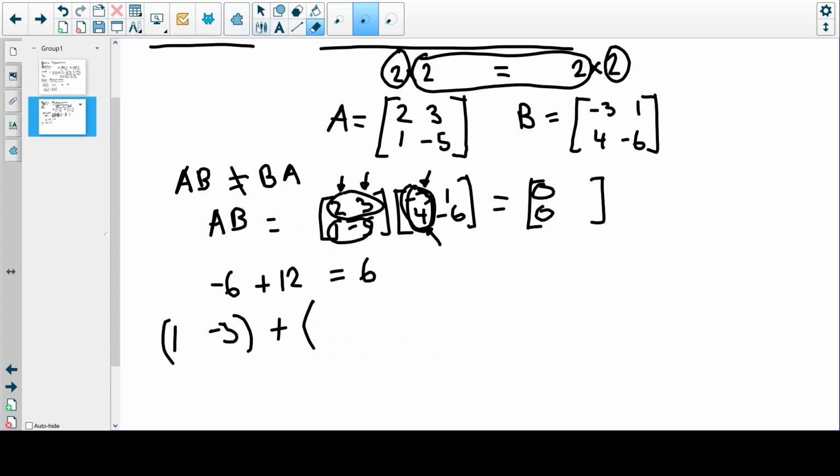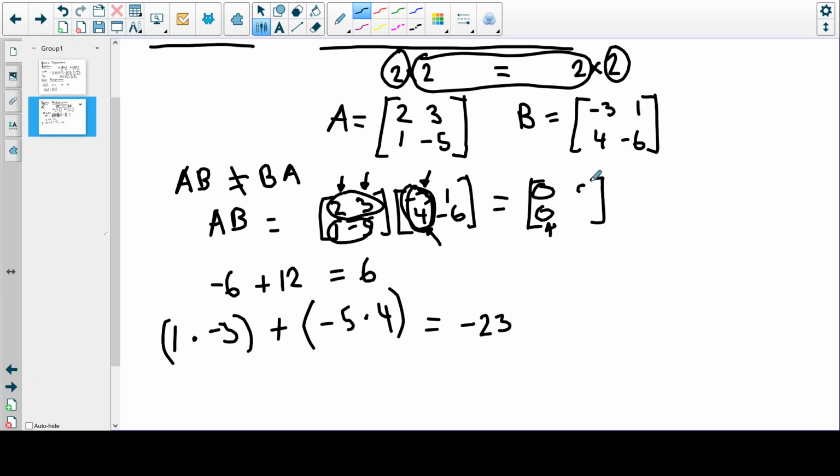So dot and multiplication, dot and the x are the same thing, but because in algebra they do the dot because they don't want you to be confused with the variable x. And then you do -5 times 4. So then this will equal -3 plus -20, so -23. So that's going to be this element.